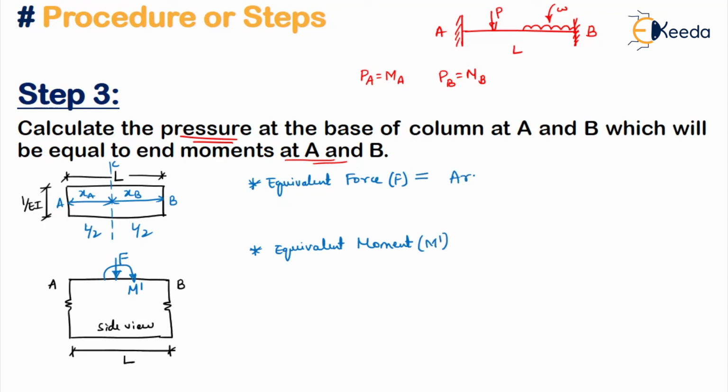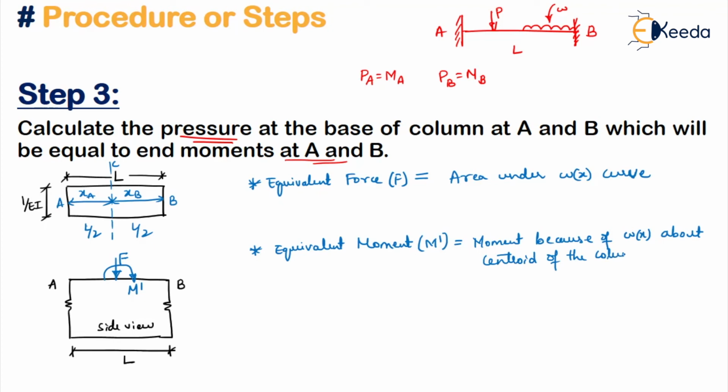The area under your Wx curve will give you F, and the moment because of your Wx about the centroidal axis, the centroid of the column, will give you your m dash.